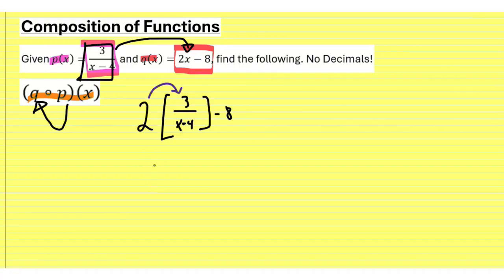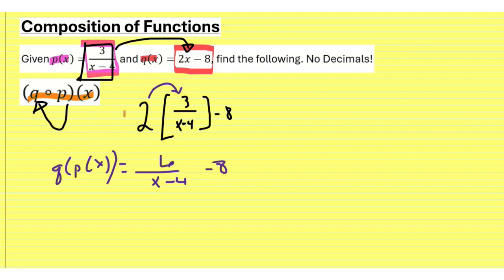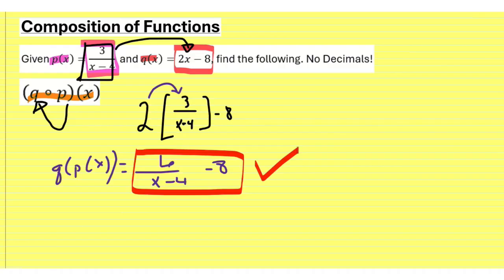So 2 times 3 is going to be equal to 6 over x minus 4, and then minus 8. And so that is really all we need to do. Q of p of x is equal to 6 over x minus 4 minus 8. So that is our new composition.